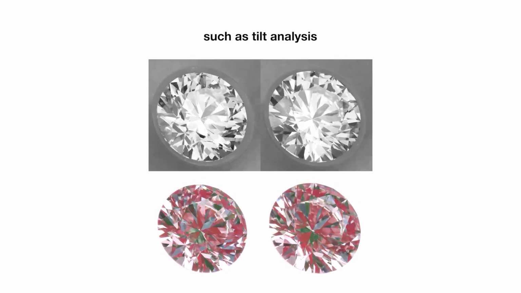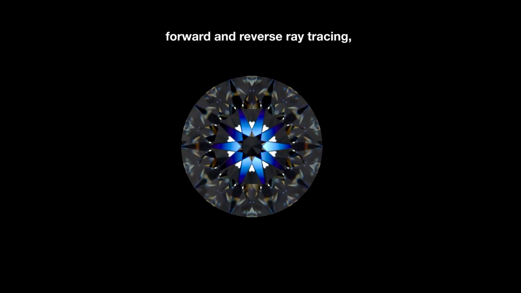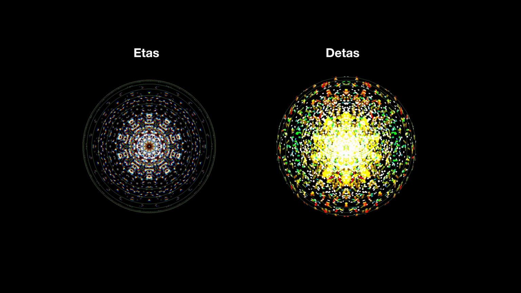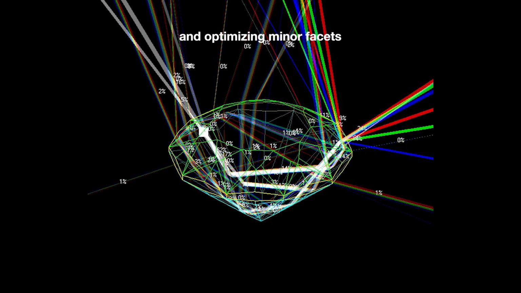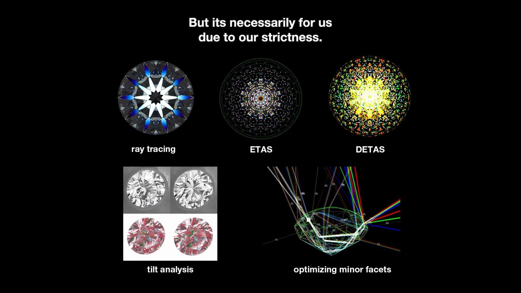There is much more that we do, such as tilt analysis, forward and reverse ray tracing, ETAs and DTAs, and optimizing minor facets, which can be extremely technical for the majority of consumers. But it's necessary for us due to our strictness. So once again, diamonds can be extremely technical.